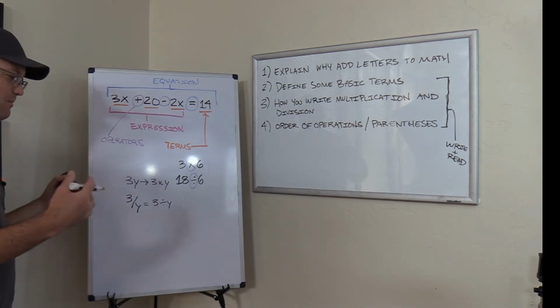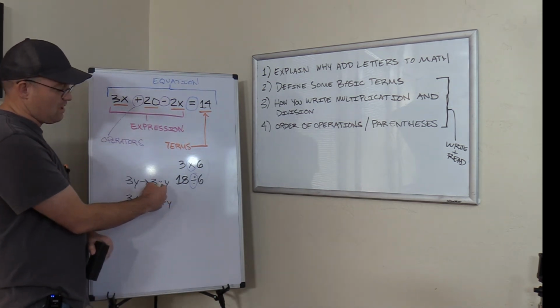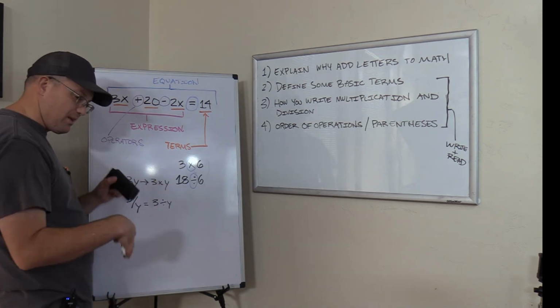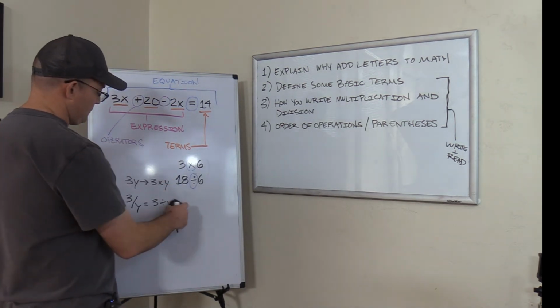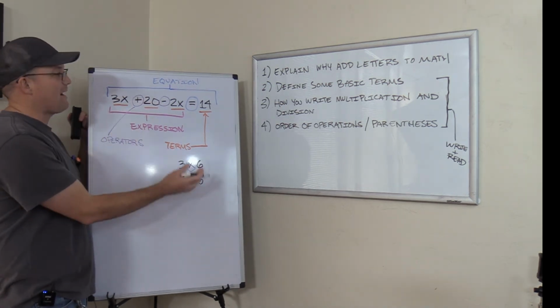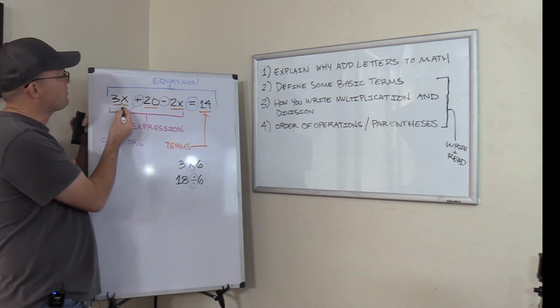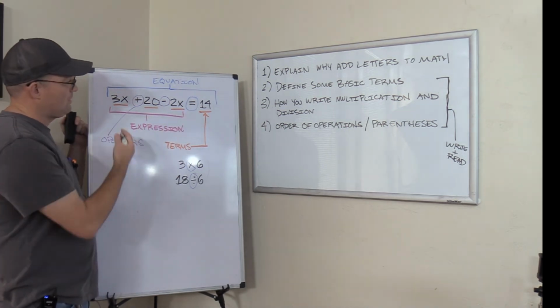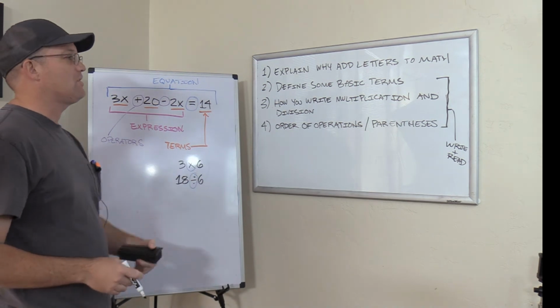Okay, and you can see part of the reason they do this is when you start mixing these letters in with the division and multiplication symbol, things get confusing, right? So we don't write it like that. So this really means, if you go back up here to this equation at the top, this means 3 times x, and this means 2 times x. Okay, that's what that means. So that's how we write multiplication and division.